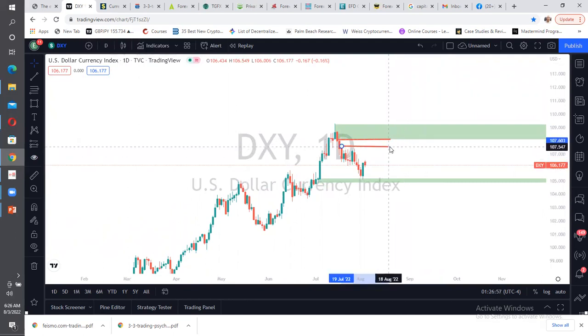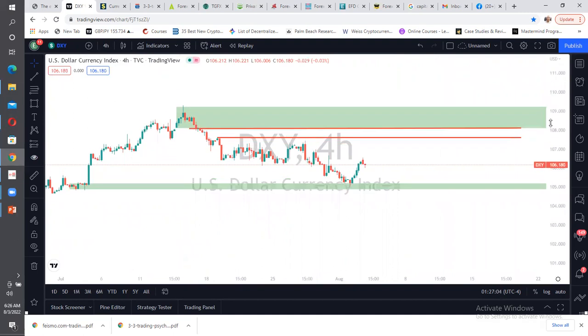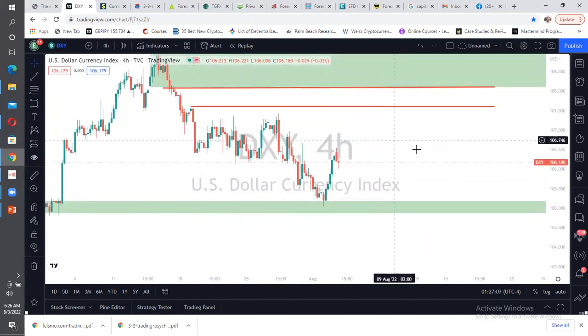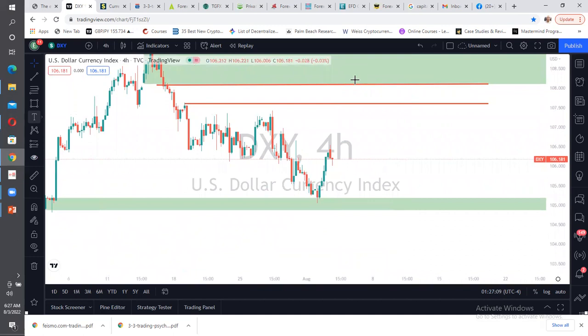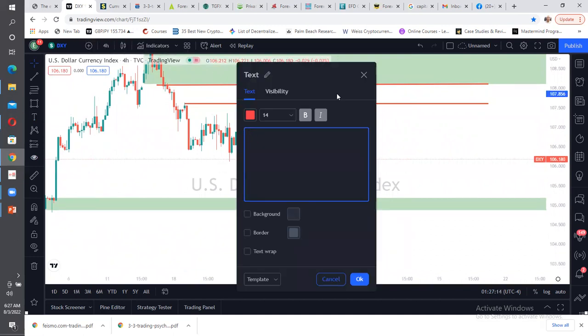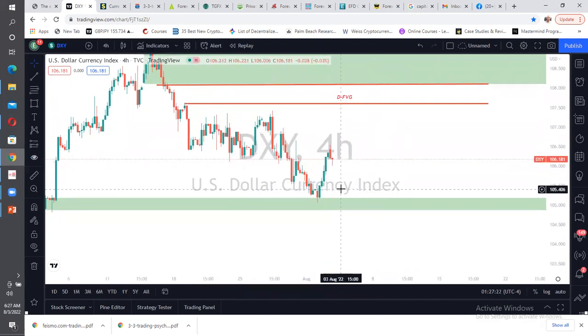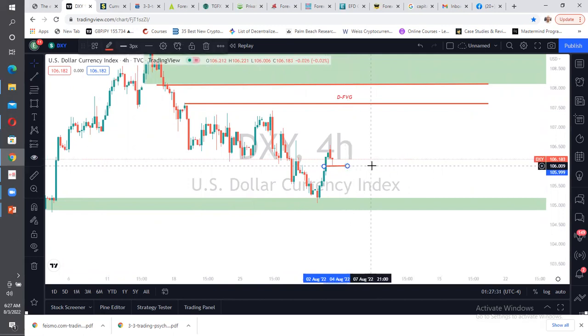Okay. Having done this, we're going straight to the 4-hour time frame. This is daily FVG. Then we'll have this fair value gap here, which market has traded into.